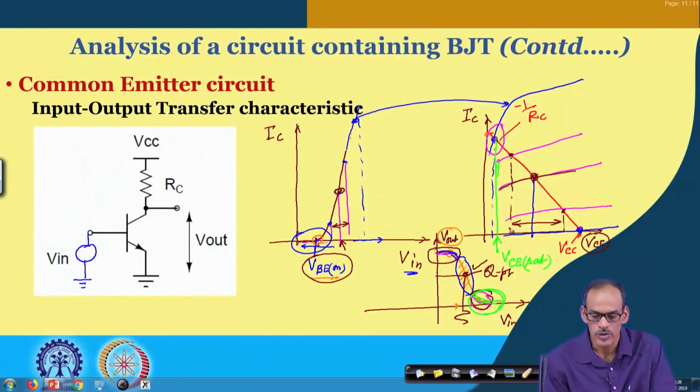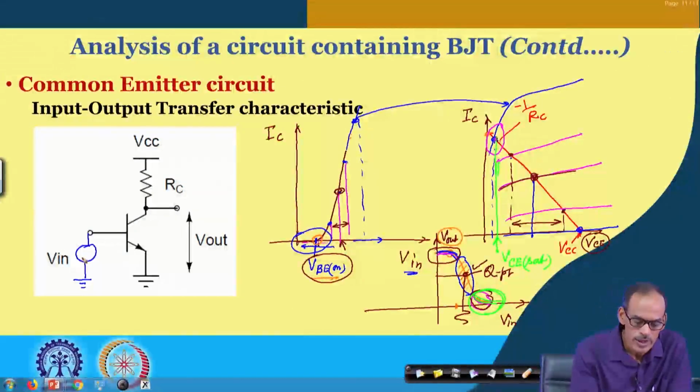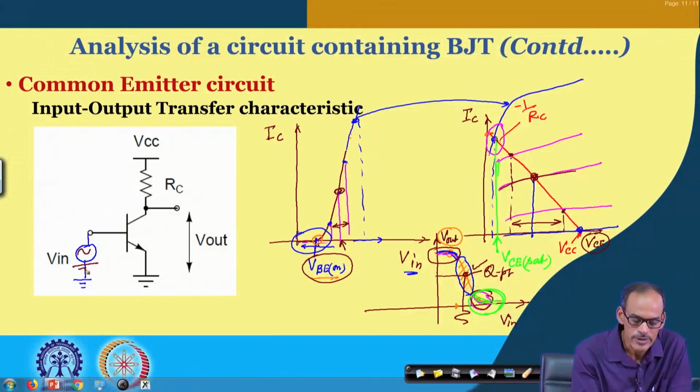In other words, instead of considering this signal as DC, we may say that it has some sinusoidal part and also a DC part.